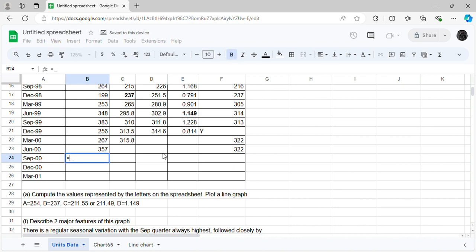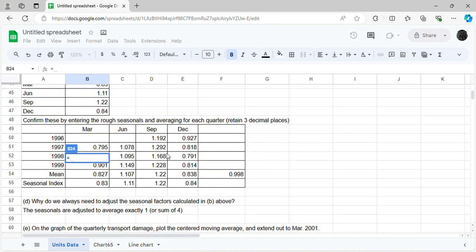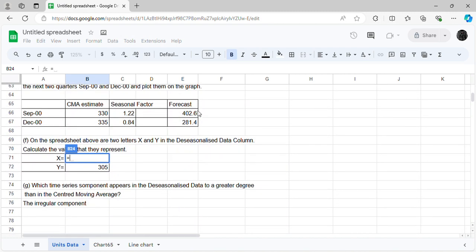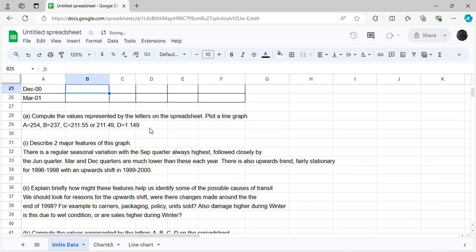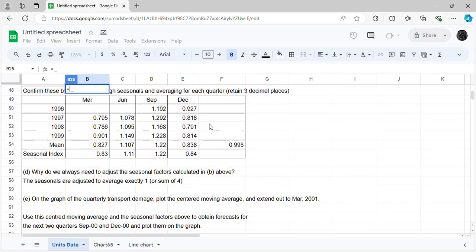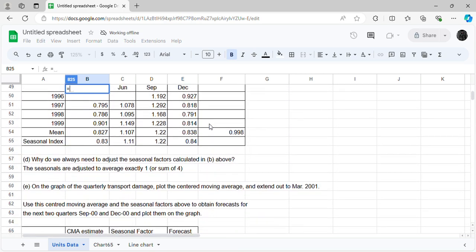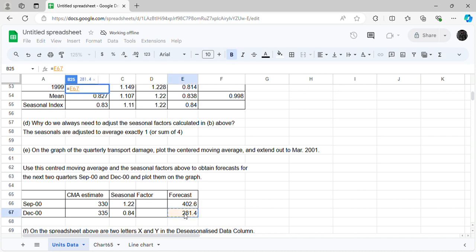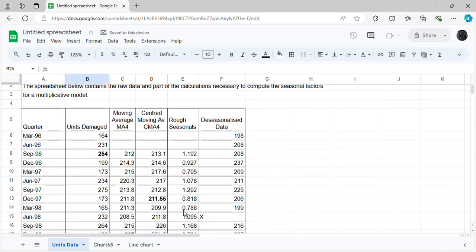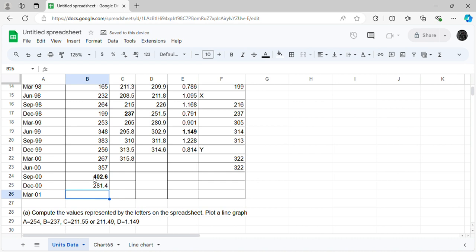Equal forecast value, press enter, and for December let's make it bold as well, equal 281.4. Now all the other values are whole numbers, so let's round this to the whole number.